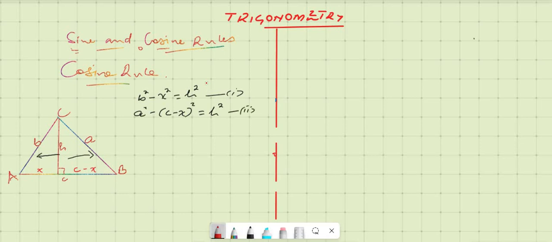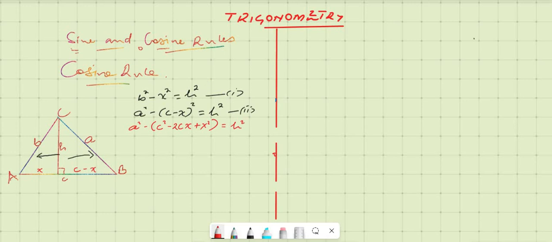At this point, from those two facts, if we simplify this one by expansion, you will see that a squared minus, we deal with the bracket first, (c squared minus 2cx plus x squared) is equal to h squared.